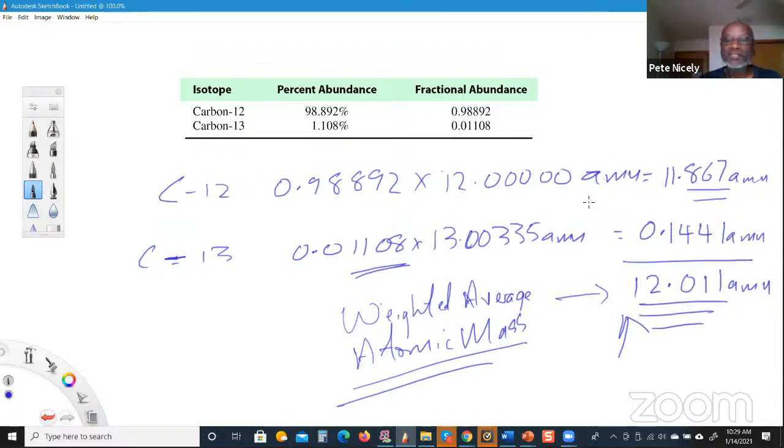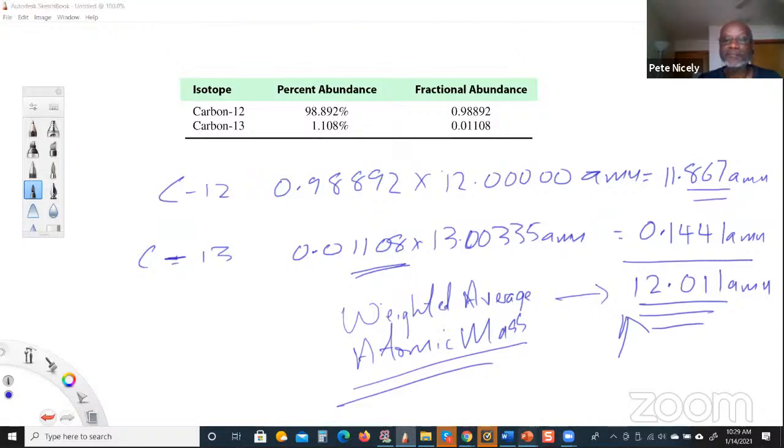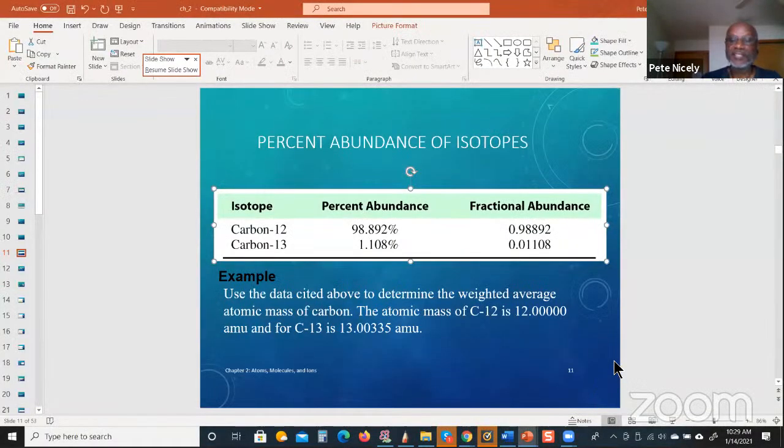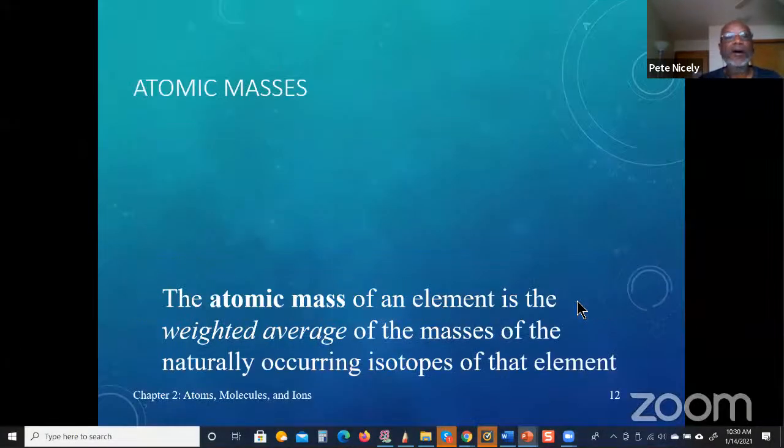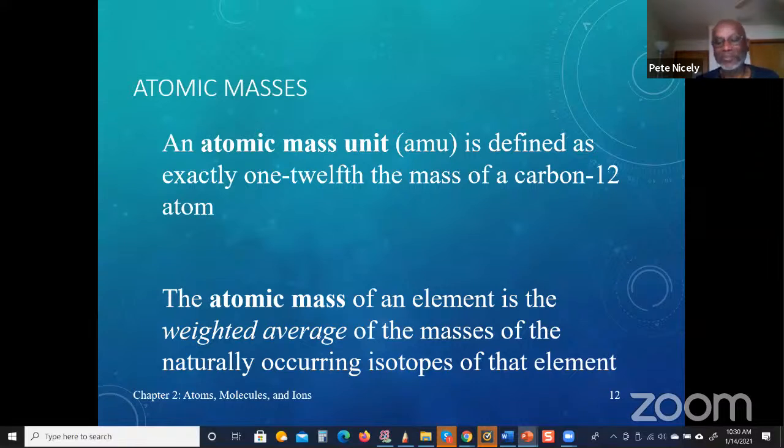Okay, so let's continue our discussion. Some more things to say about the atomic mass. Let's talk about the definition of the AMU unit, right? 1 atomic mass unit is defined as exactly 1/12 the mass of a carbon-12 atom, right?